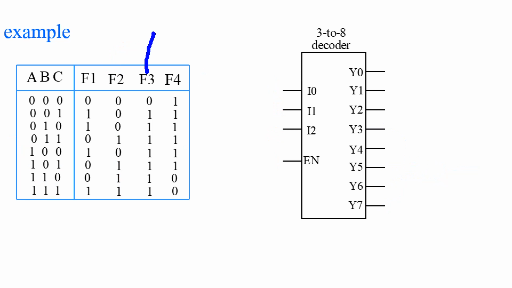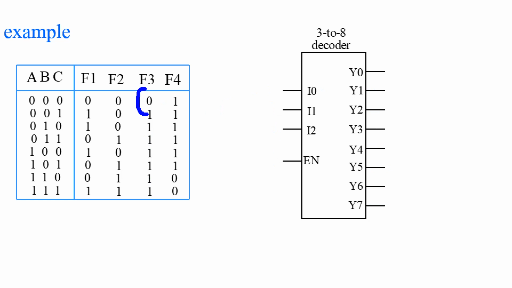And how about F3? For F3, if you do the same method, with 1 here and A, B, C here, you must take almost all outputs: Y7, Y6, Y5, Y4, Y3, Y2, and Y1. Okay, a lot. So it is not so good.